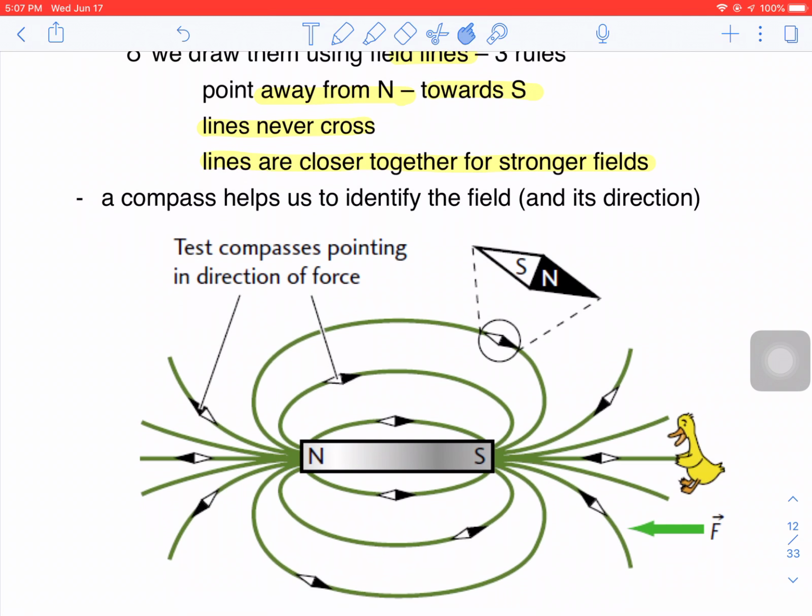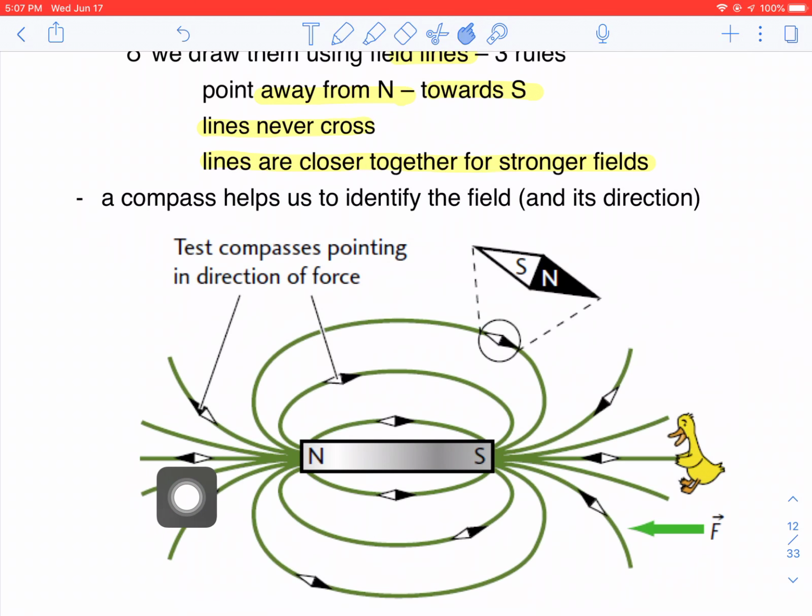So if I take a compass, here's my compass, and I put the compass here on the right side of the magnet, the North Pole, the black side, will be attracted to the South Pole of that bar magnet. As I move the magnet around, the compass needle is going to shift until I'm rotated 180 degrees, so black is now facing where the black was facing the magnet before.